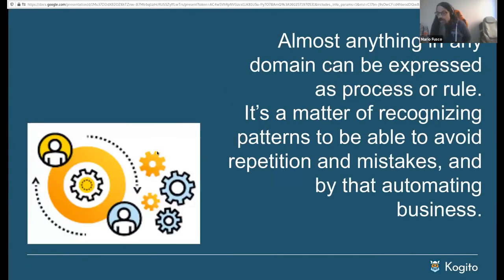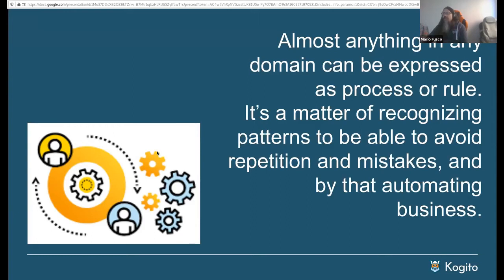The other big component of Drools, as I said, is jBPM, our workflow engine. In reality, the totality of your business logic can be expressed either with rules or with a process or with a combination of the two.